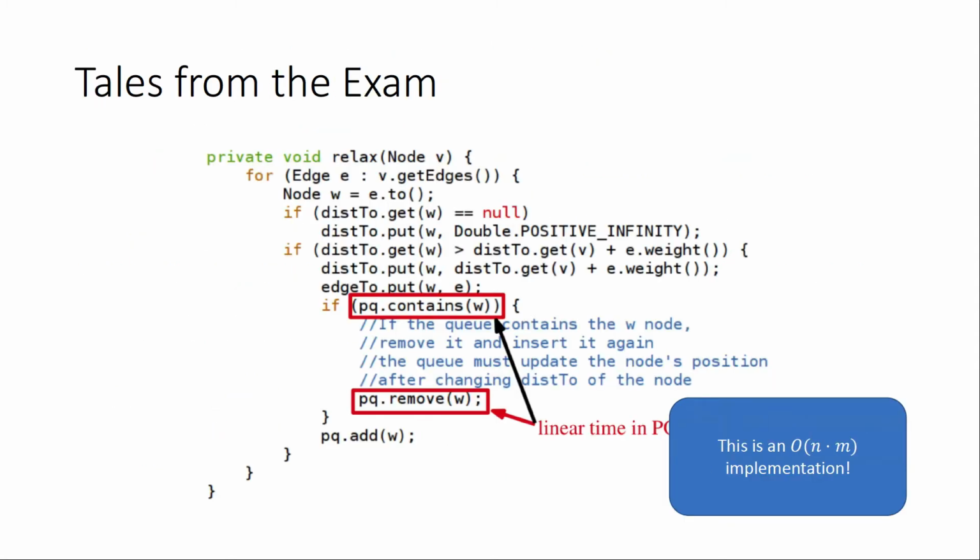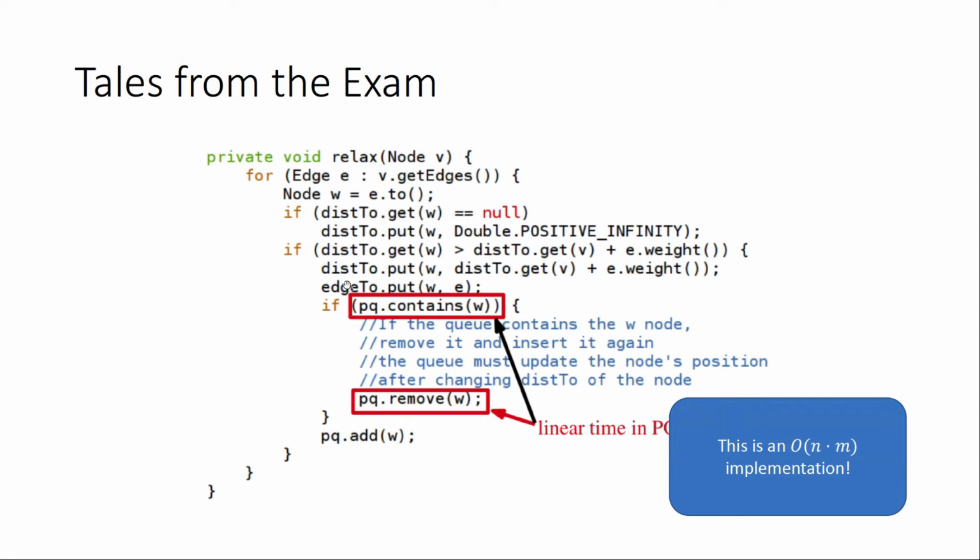What you should never do is try to be very smart and clever and try to do something with Java's priority queue that you might think makes complete sense, but running time-wise, it's like the worst thing you could do. Like Tales from the Exam, this actually happened. One group's final product had the relaxation, which is a very fine relaxation.